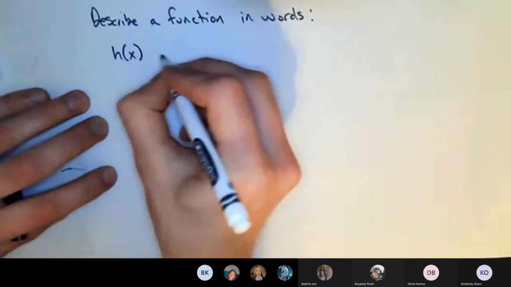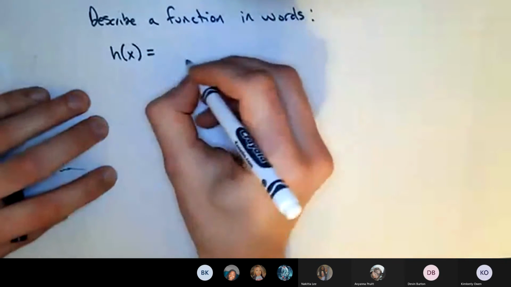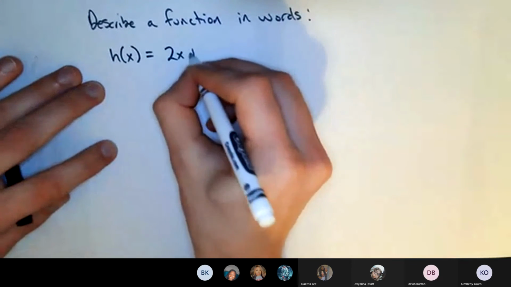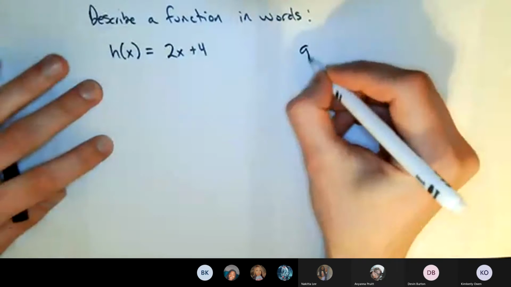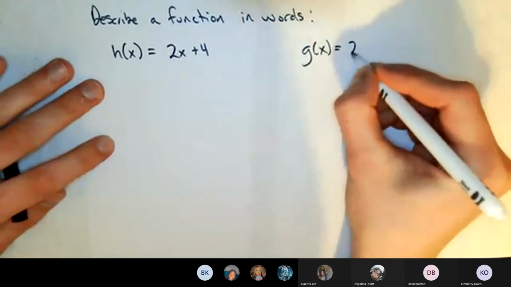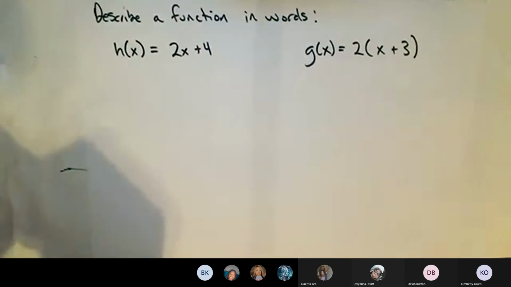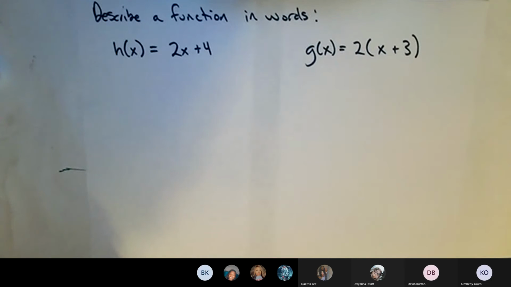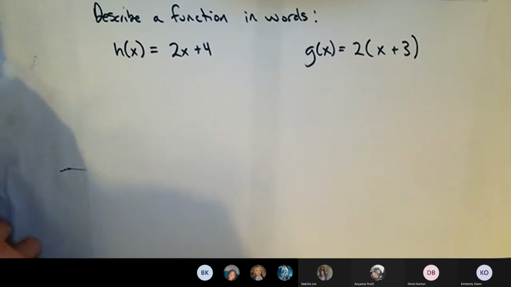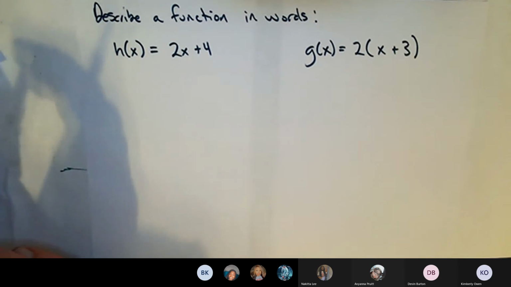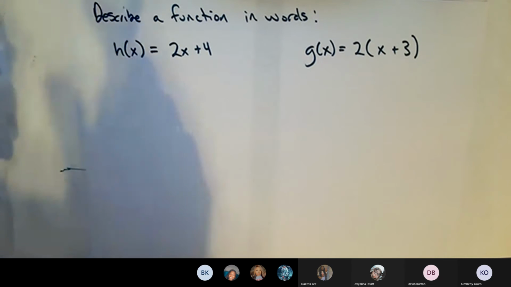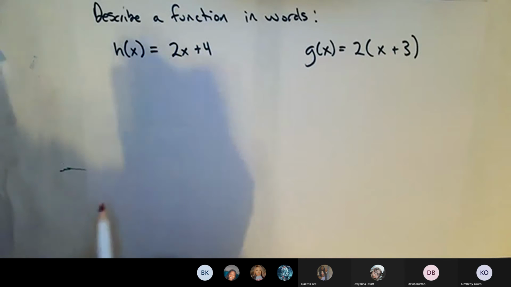Let's just take h of x is equal to 2x plus 4 versus g of x equals 2 times (x plus 3). So if we're going to describe what these do in words, we have to describe what's happening to x, and we have to be very aware of our order of operations.